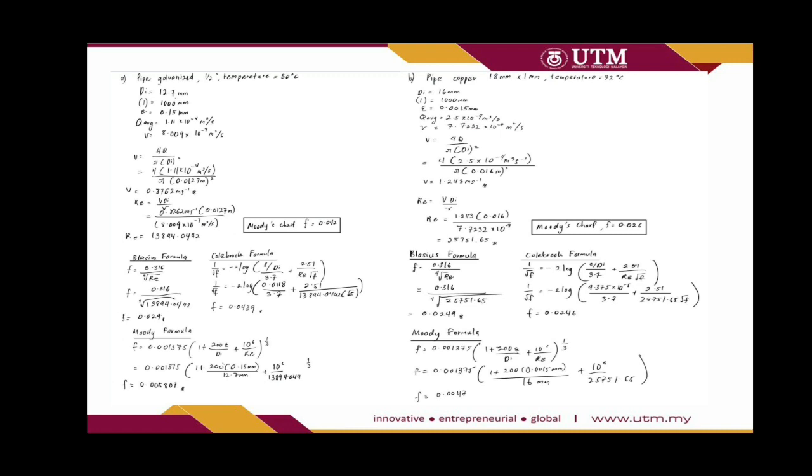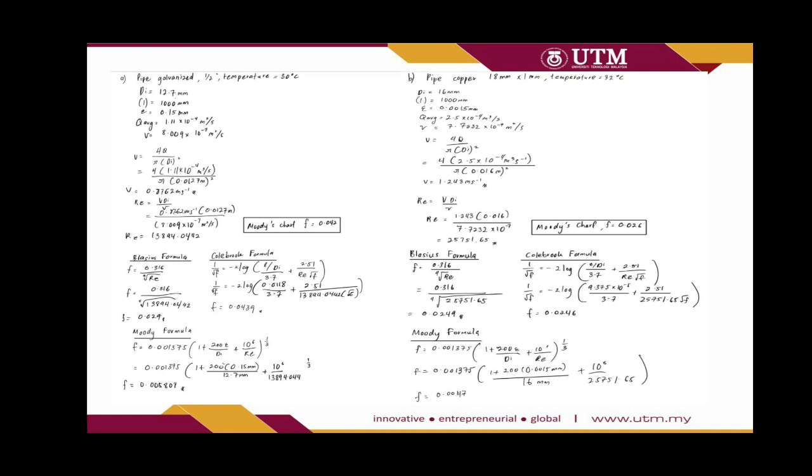And to get the RE, V times internal diameter over nu. For the RE, we get 13,894.0442. For the Moody chart, we get F is 0.042.